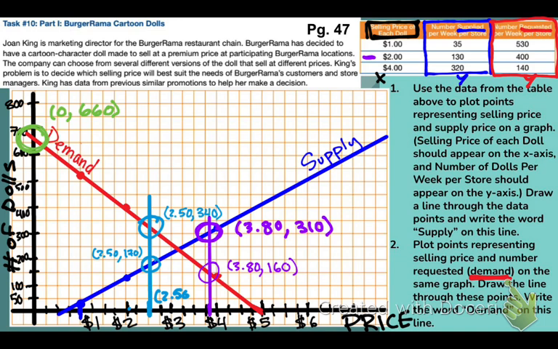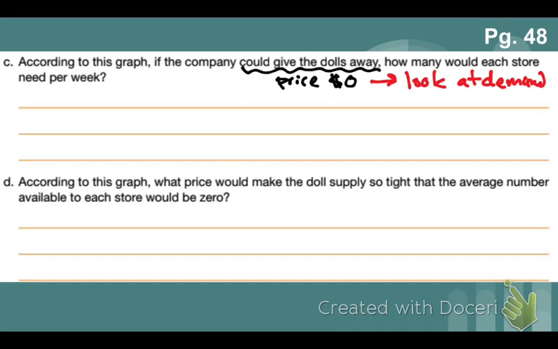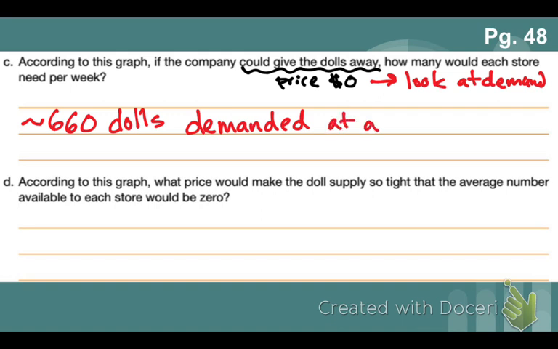So we know that if a company is just giving their merchandise away, so $0, that would be the y-intercept of our line. So there's about 660 dolls demanded when the price is $0.